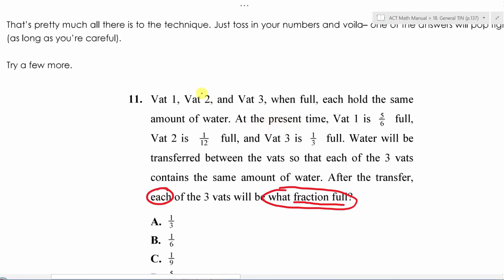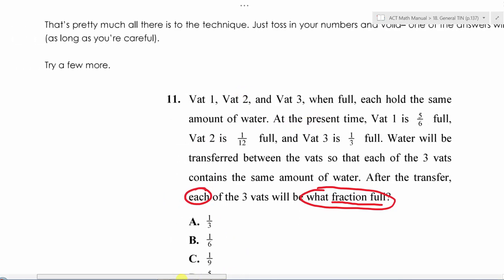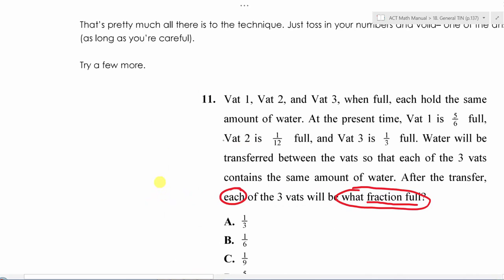But before we do, we're going to write down a note in the left-hand column pertaining to questions that ask you for fractional parts.